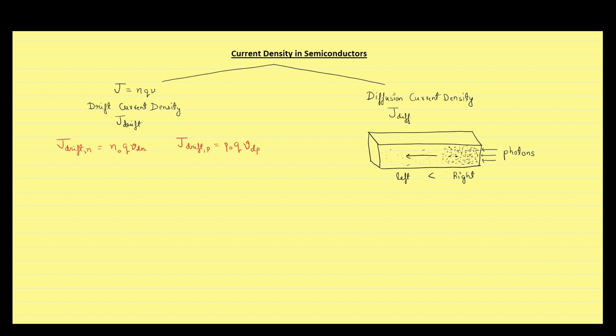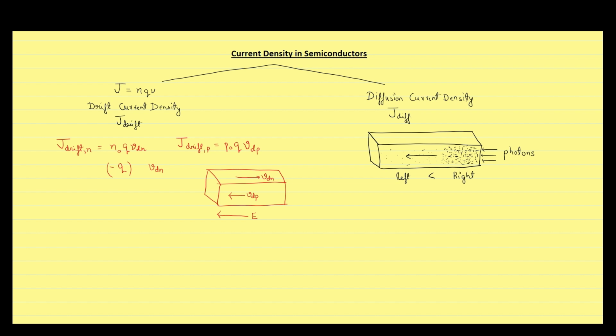Some of you might think that we should take minus Q in drift current density for free electrons. The thing is, drift velocity is a vector quantity. For example, if we take a semiconductor and apply an external battery such that the electric field is from right to left, then the drift velocity for holes will be in this direction, and for electrons it will be in this direction.